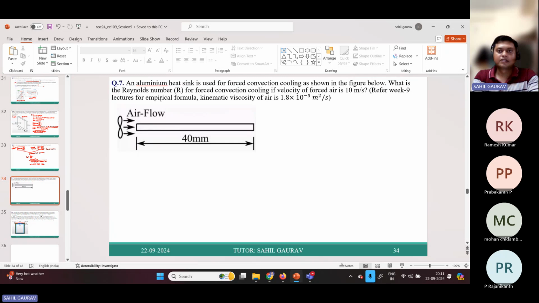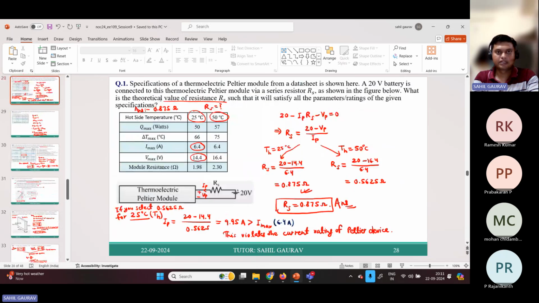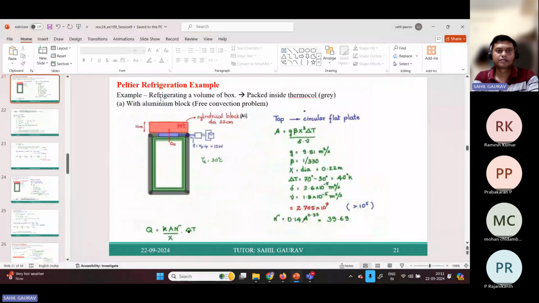So let us first see the expression for this heat sink for forced convection. So let us come to this expression first.